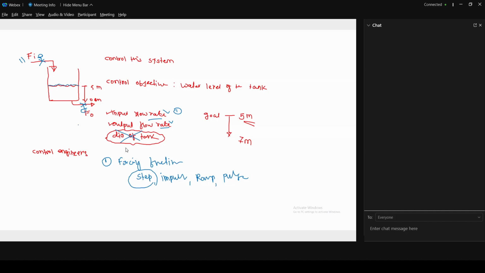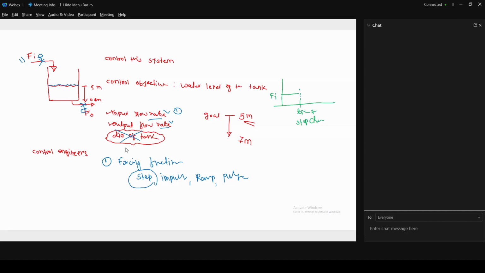Mathematically, or pictorially, let's say Fi. You might know that this is the step response. Here is my Fi initially, and this is the time of the step change.